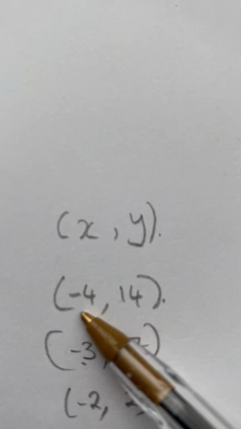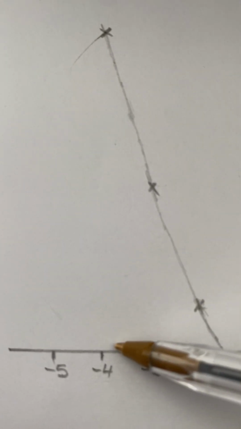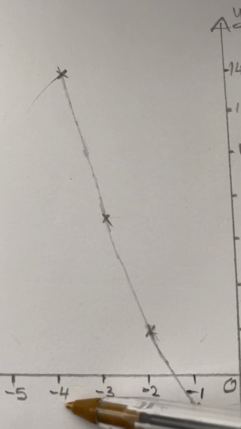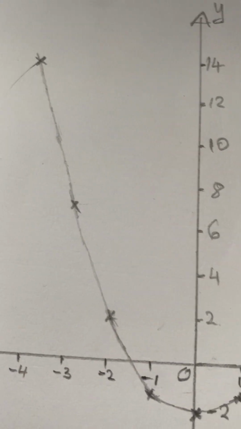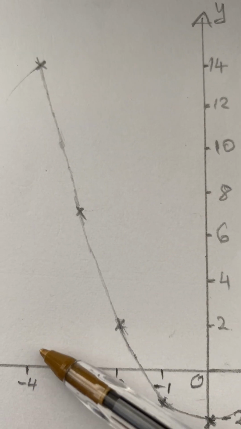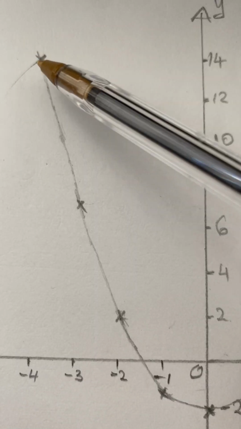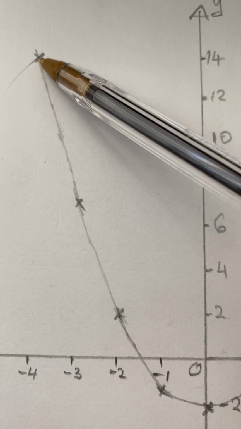So now when x is minus 4, y is 14. So here I use a ruler. Let me show you. I use the ruler from minus 4 all the way up to 14. So that is my point here.